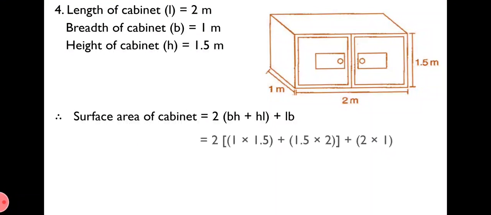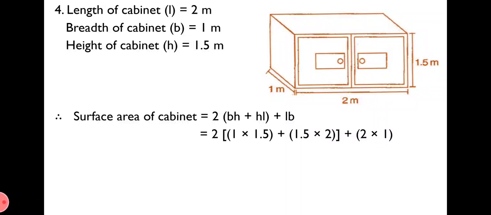Inserting the values, we get 2 into 1 into 1.5 plus 1.5 into 2 plus 2 into 1. 1 into 1.5 is 1.5, 1.5 into 2 is 3, and 2 into 1 is 2. So we get twice 1.5 plus 3, plus 2 meter square.